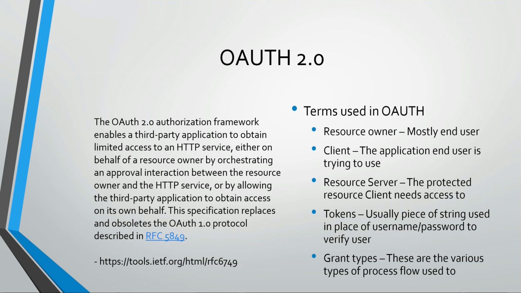And the resource server, which is the protected resource that you need to secure with all of this framework, and token, which is basically a string used to represent the access the user has or the user itself, and the grant type, which is the different ways you can get the token. We'll go through further slides about what these terms really mean, but for now these are the terms that are used in OAuth.